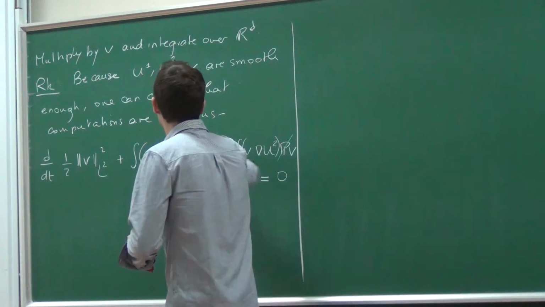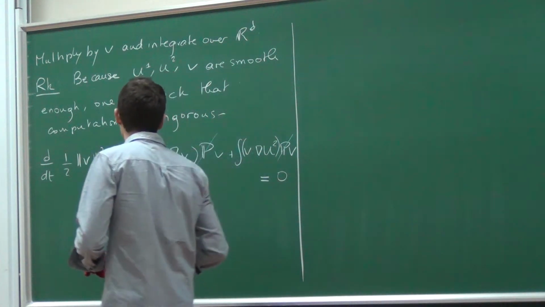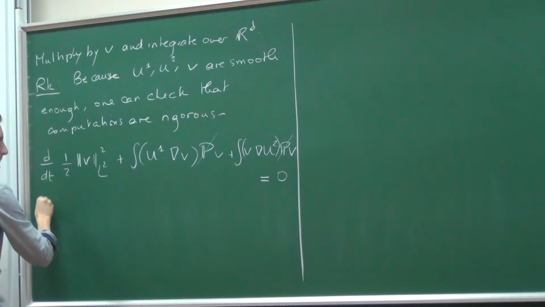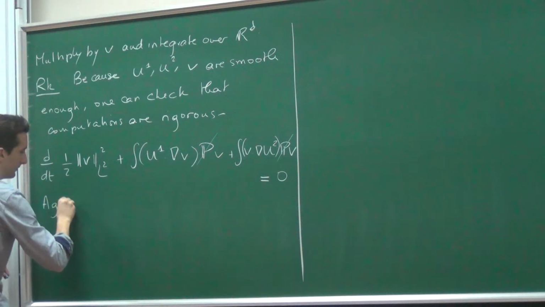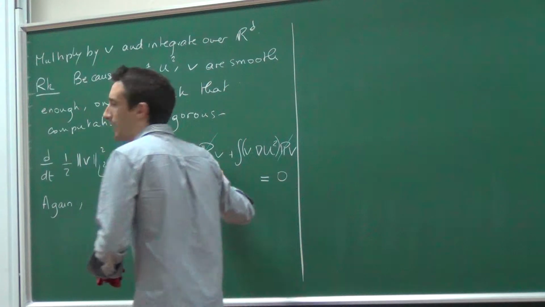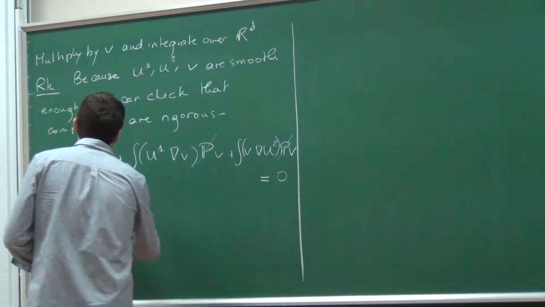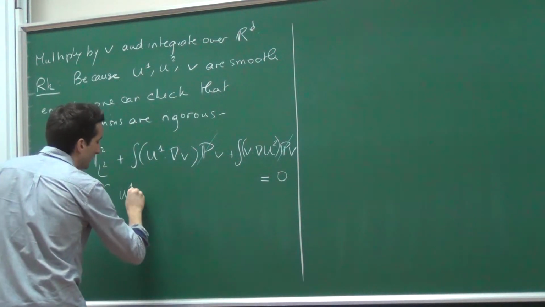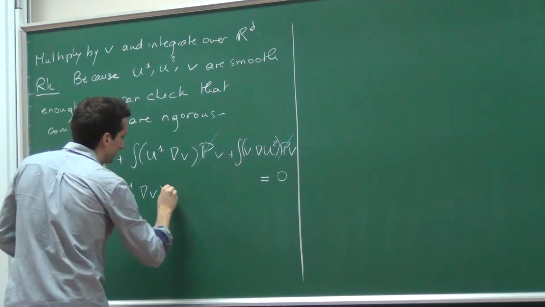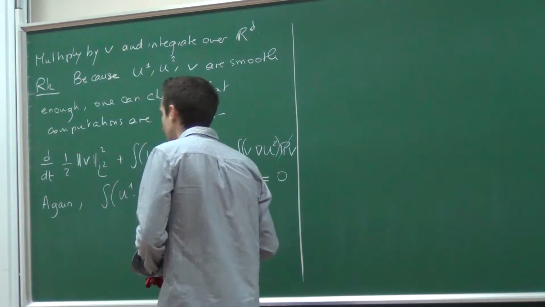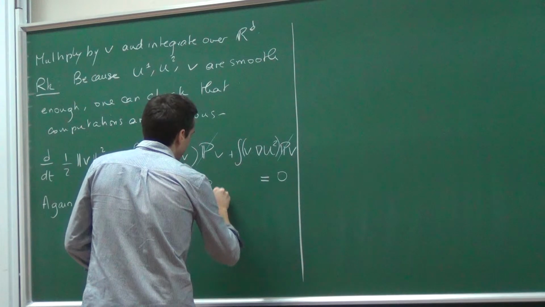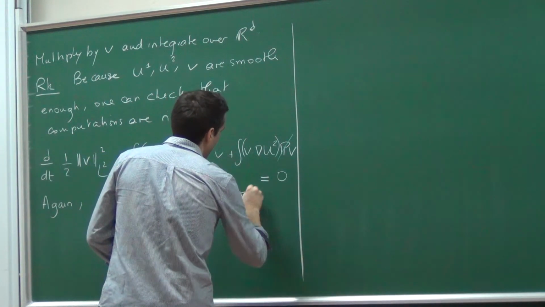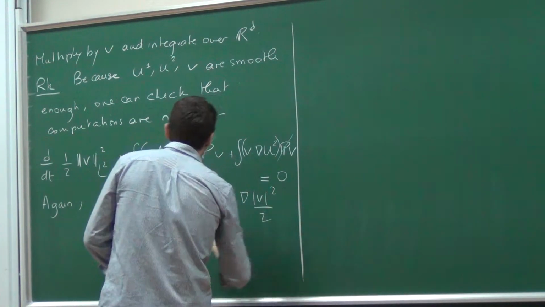And so here, what do we have? That's a computation we had performed last time. I will do it once more. U1 dot grad V times V. That's U1 dot gradient of V squared over 2.